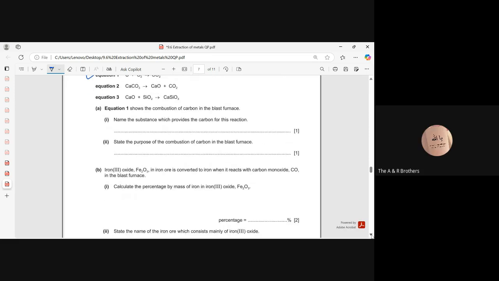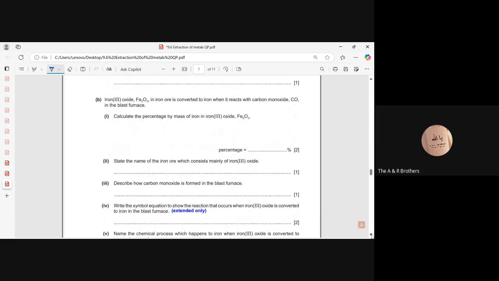Ma'am, we had to find the percentage mass of iron in iron oxide. So I did 2 multiplied by 56, the atomic mass of iron, divided by the total Mr, and I got 70%.